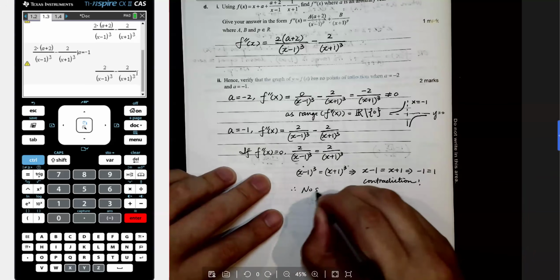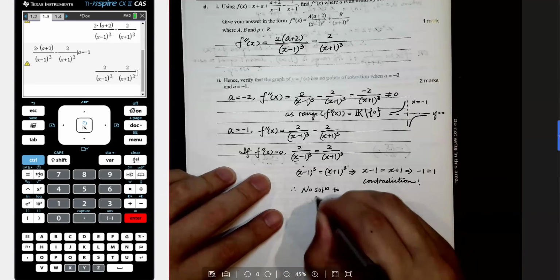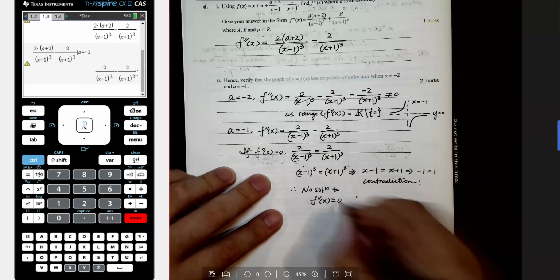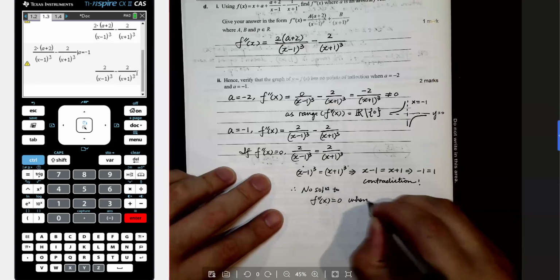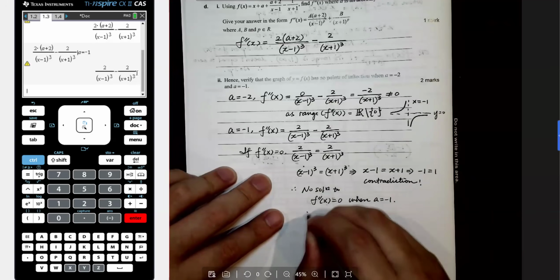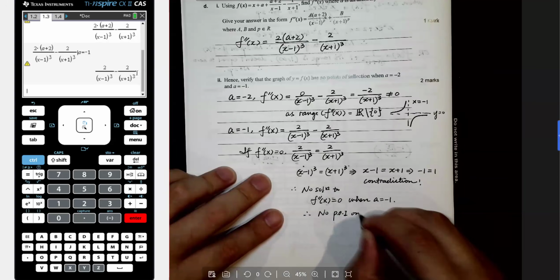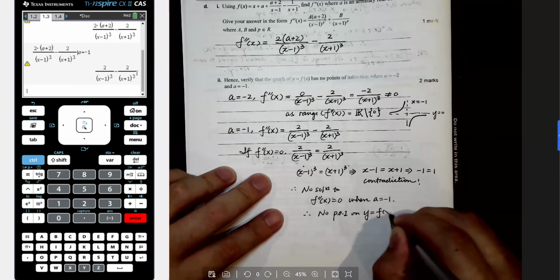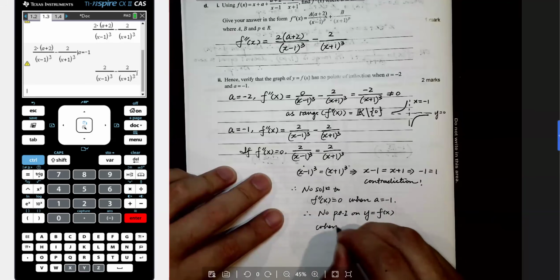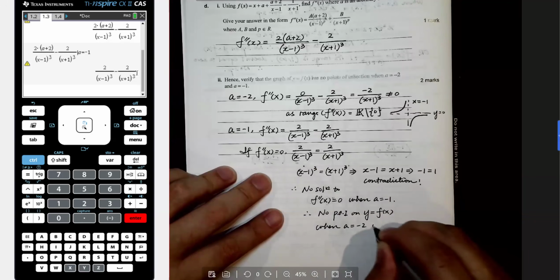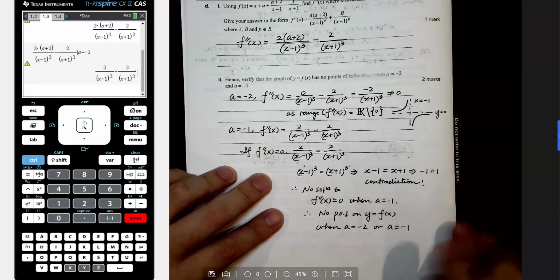Therefore, no solution to f double dash x equals 0 when a equals minus 1. Therefore, no point of inflection on y equals f of x when a equals minus 2 or a equals minus 1.